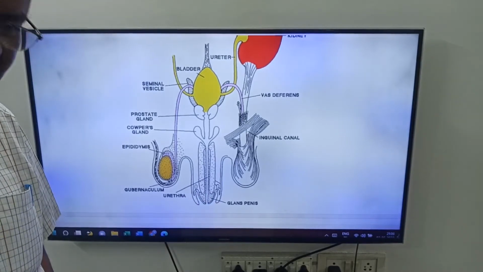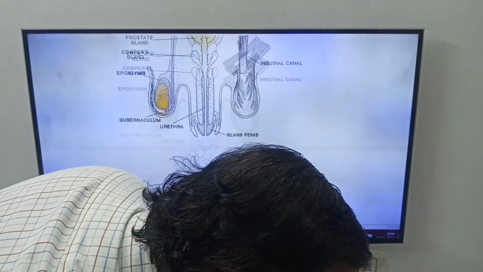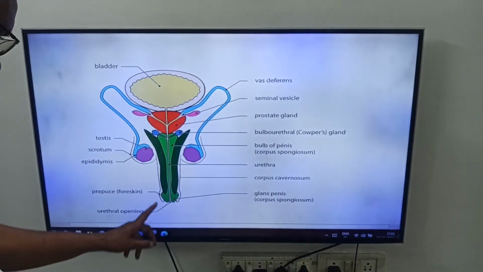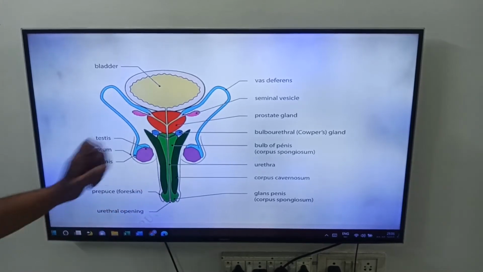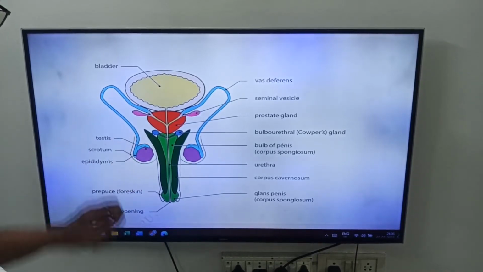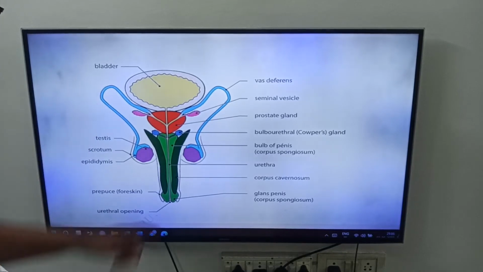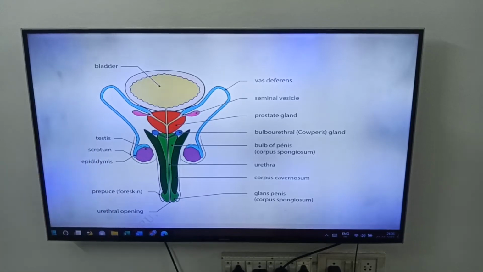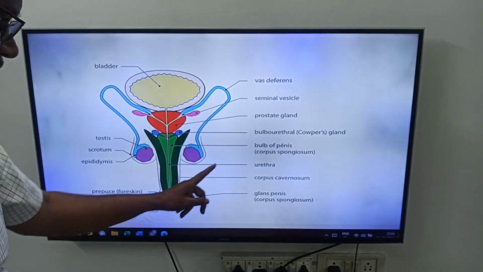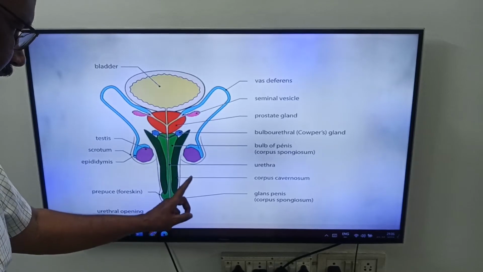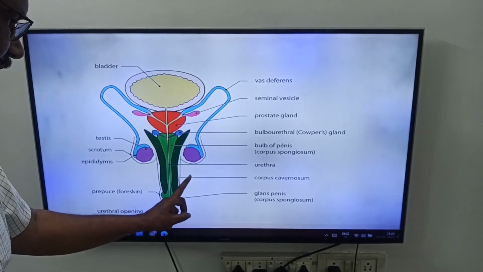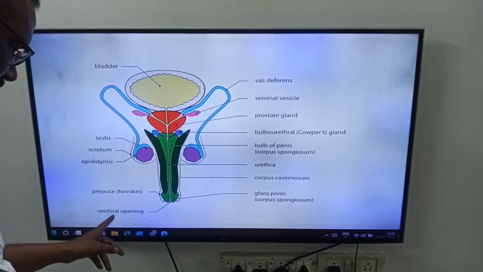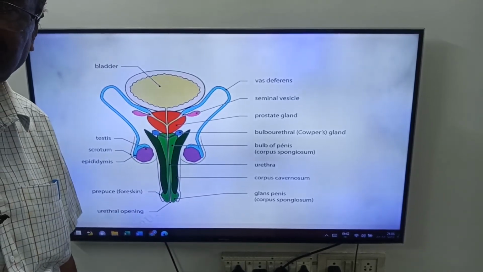Now you see one more diagram: glans penis, testis, epididymis, vas deferens, urinary bladder. This is what, friends? Penis. Here we have what? This is urethra. This is corpus cavernosa. This one is corpus spongiosum and glans penis. This last one is what, friends? Urethral opening. Okay, friends.